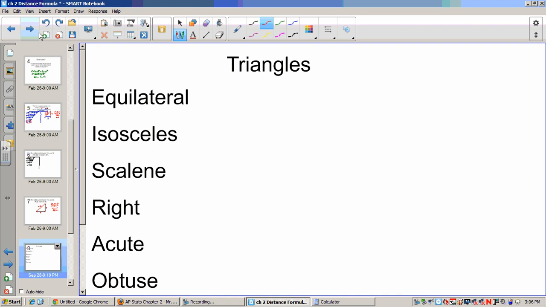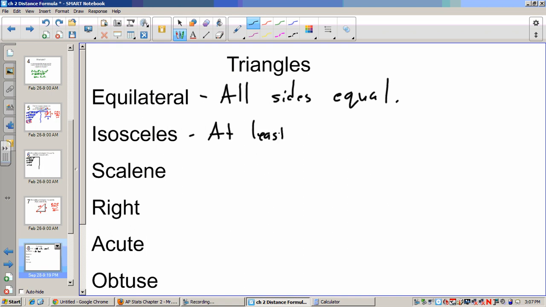Now there's some terms that we're going to need for this homework, and you probably have seen these throughout middle school, but we're just going to mention them again. A triangle that is equilateral has all sides equal. An isosceles triangle will have at least 2 sides that are congruent.